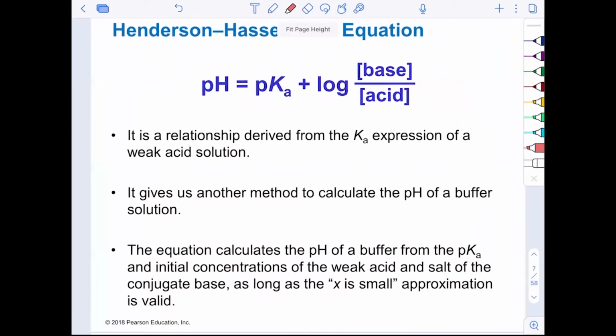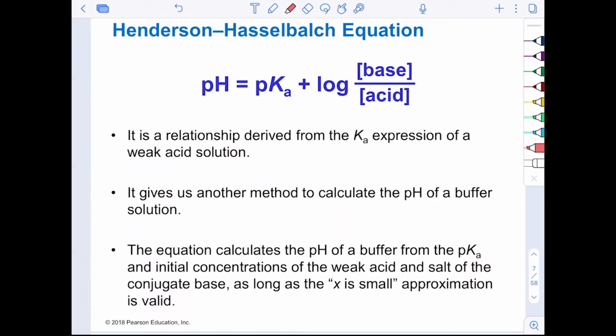Now, is there an easier way to understand the pH of a buffer solution? Sure. It's the relationship derived from the Ka expression of a weak acid, and so we can use the Henderson-Hasselbalch equation. This just gives us a shorthand method to calculate the pH of a buffer.